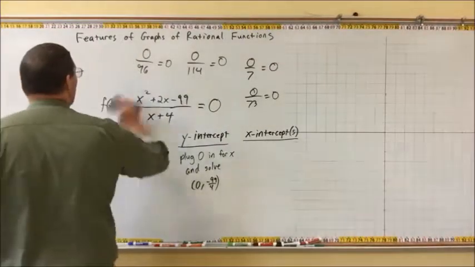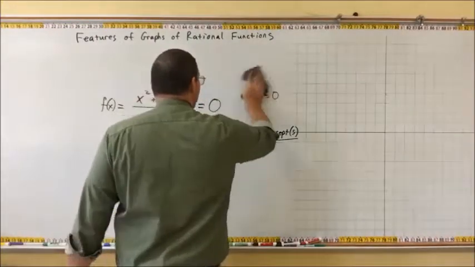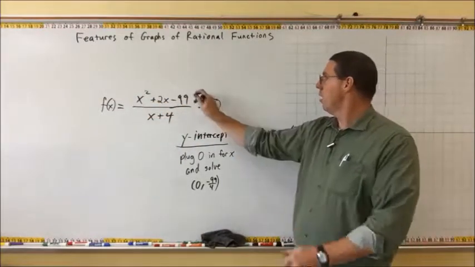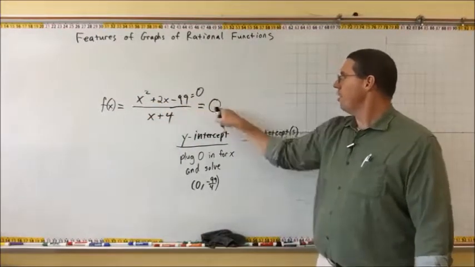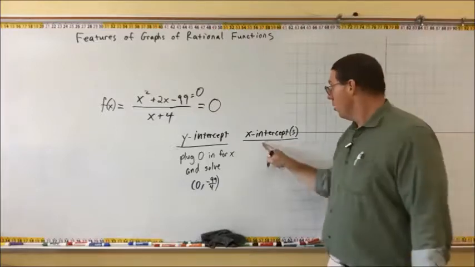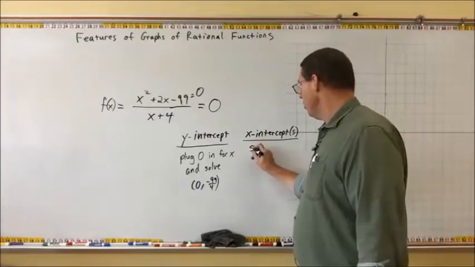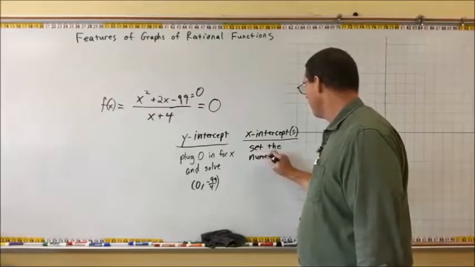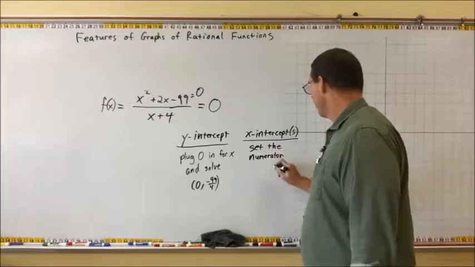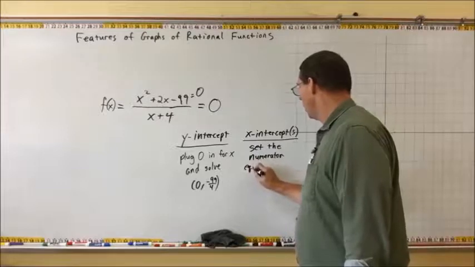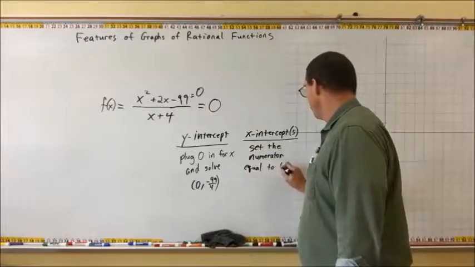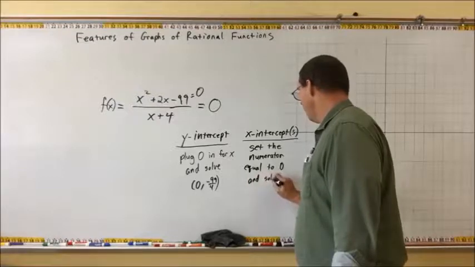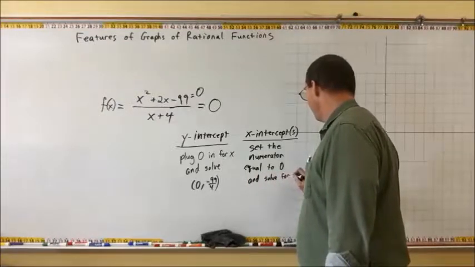All right, so we know that if the numerator is equal to 0, then the whole thing is equal to 0. So to find the x-intercepts, all you do is set the numerator equal to 0 and solve for x.